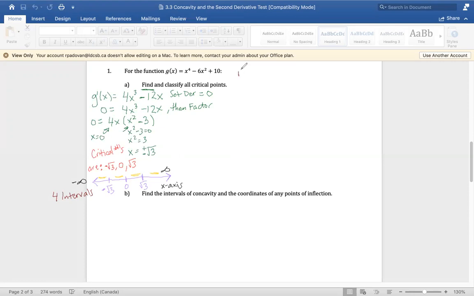So for our chart, we would list the factors of g prime of x, and then I would have my intervals. My first interval is from negative infinity to negative square root 3, then from negative square root 3 to 0, then from 0 to positive square root 3, and then from positive square root 3 to positive infinity, right?